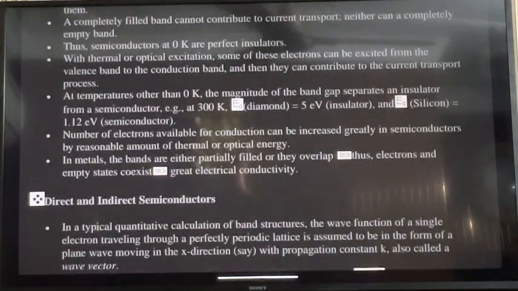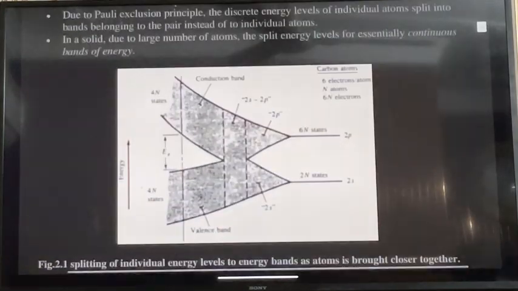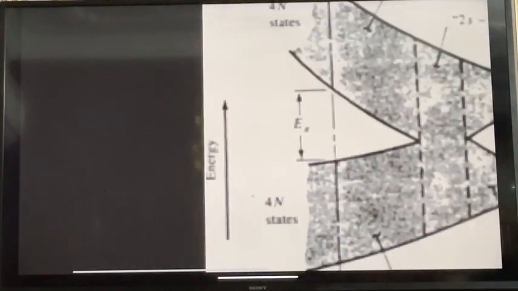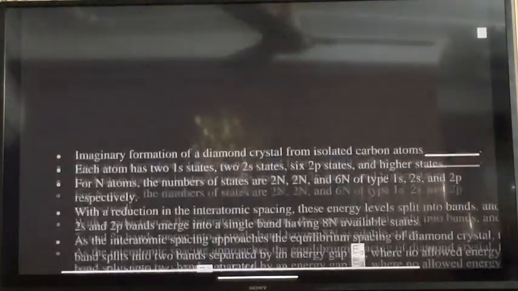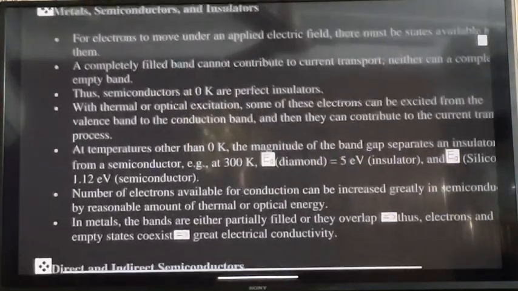Now with thermal or optical excitation, some of these electrons will be excited, and this allows the conduction of electricity through these semiconductors. At temperatures other than 0 Kelvin, the magnitude of the band gap separates an insulator from a semiconductor. So the gap, denoted by Eg, decides whether our semiconductor will be conducting electricity or not.